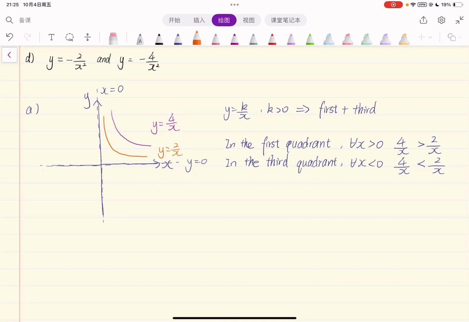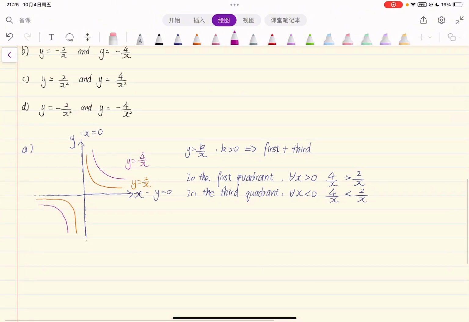So the orange one and the purple one. So we have done the part A question.